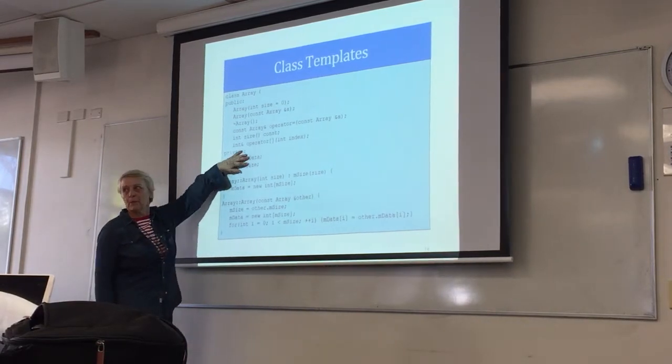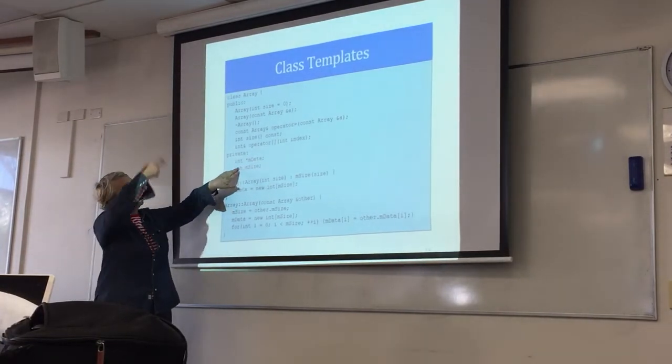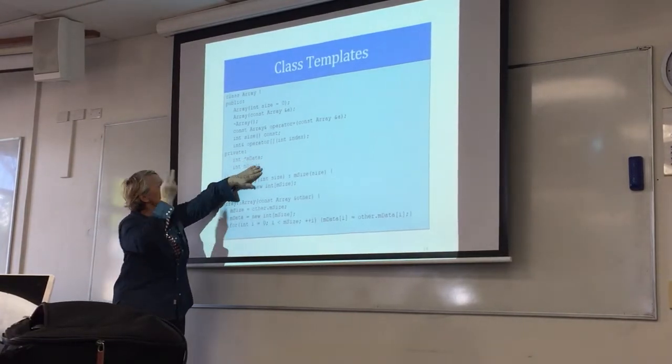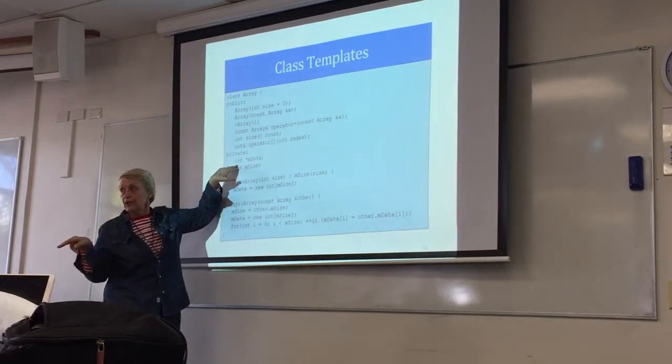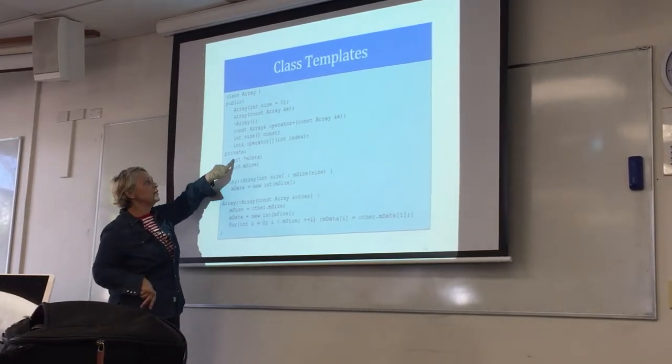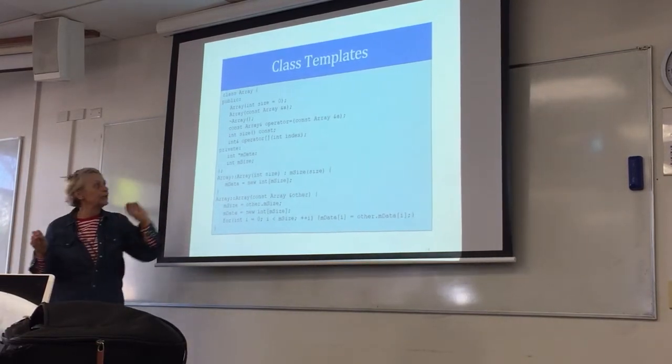So, if we look at this simple array class, array of integer, we will start with having two data members, m size, which keeps track of how many elements we have in the array, and a pointer to the elements in the array, m data, a pointer to int.